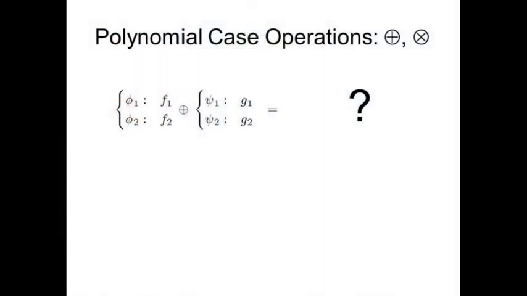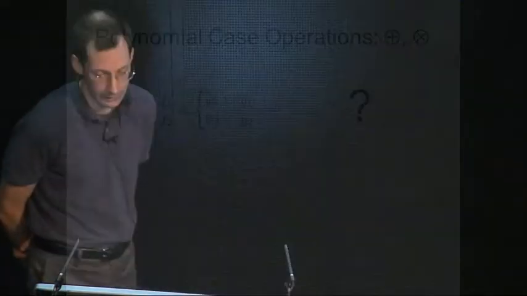Plus and times are going to work for any case statement, but because the rest of the talk is going to assume the polynomial case, you can imagine that the constraints were polynomial inequalities and the function values were polynomials.